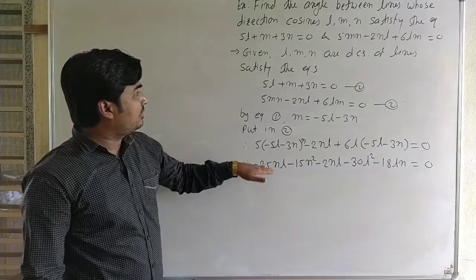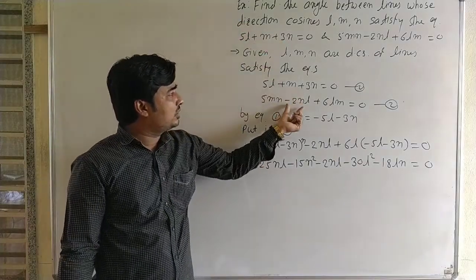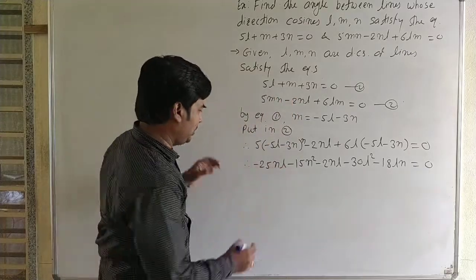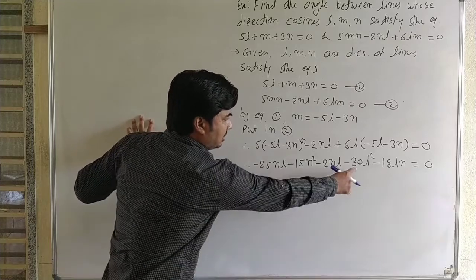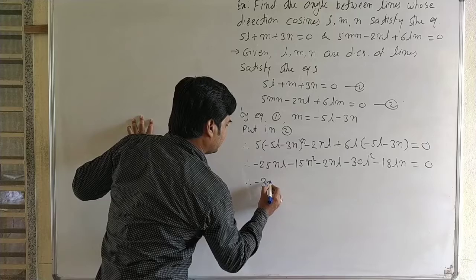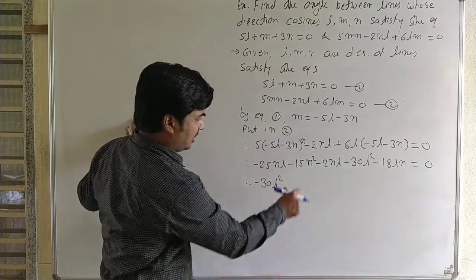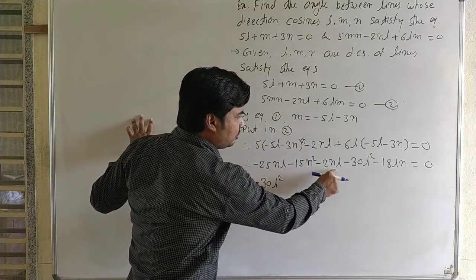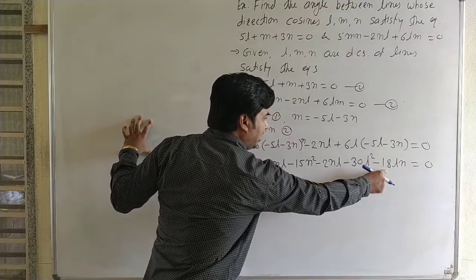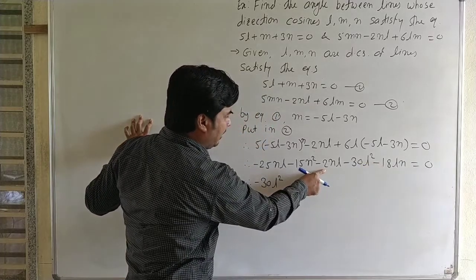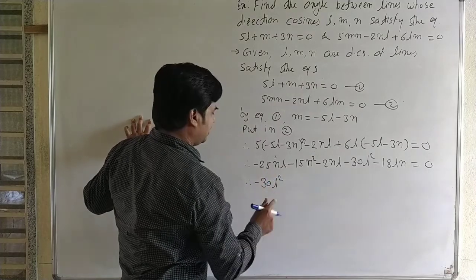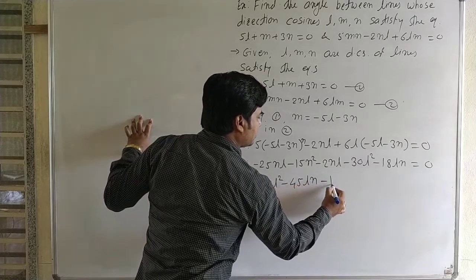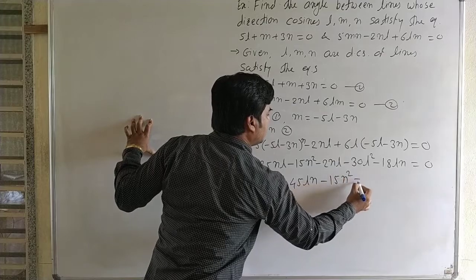Here the first two equations were in L, M and N, but this equation is only in terms of N and L. Therefore we can write minus 30L square, minus 15N square, minus 25LN minus 2LN minus 18LN, which is minus 45LN, is equal to 0.